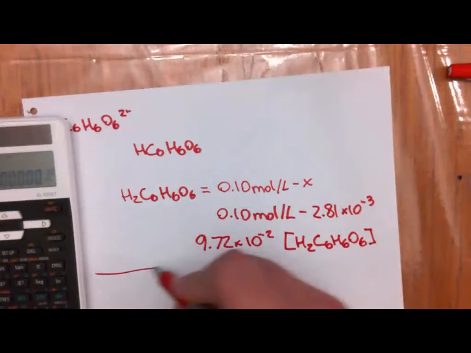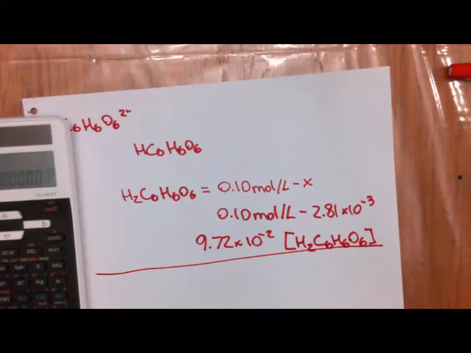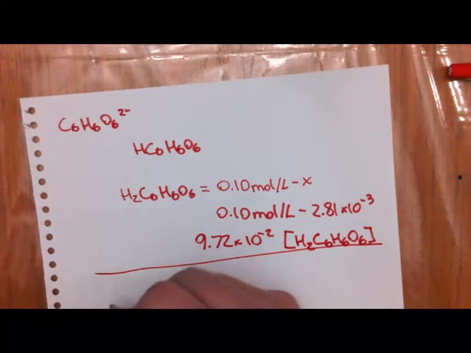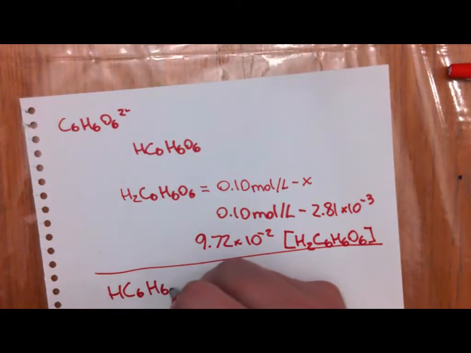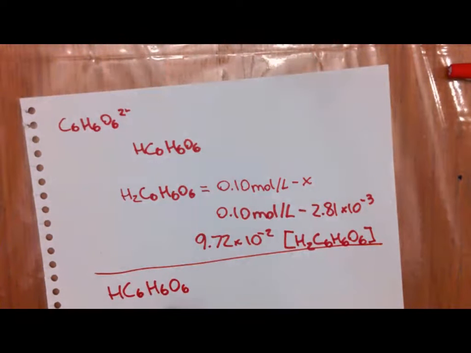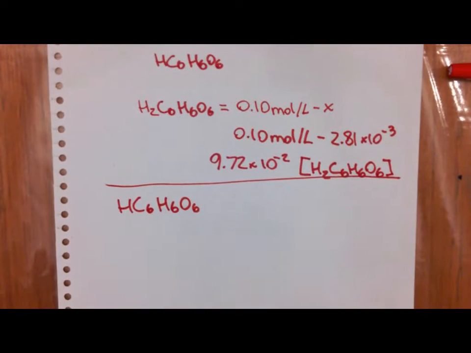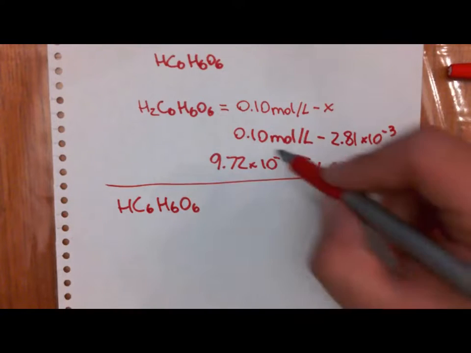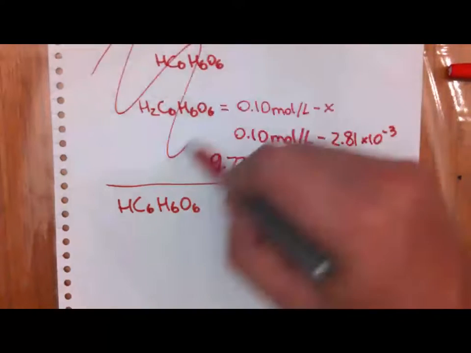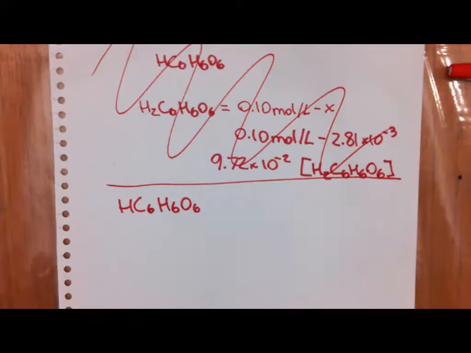So I was actually trying to solve for our HC6H6O6, right? So its final concentration in order to give us the initial concentration for our next equilibrium reaction. So that was my bad there. So just kind of scratch all this stuff here. Don't worry about paying attention to that.